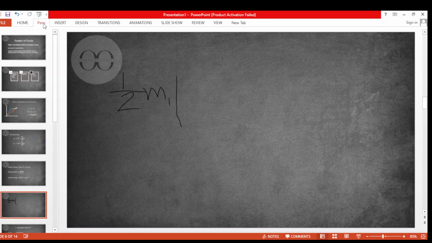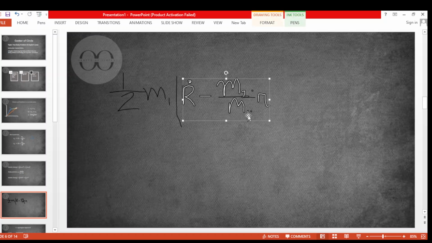So we can write, instead of r1 dot, capital R dot minus m2 by capital M times small r dot.